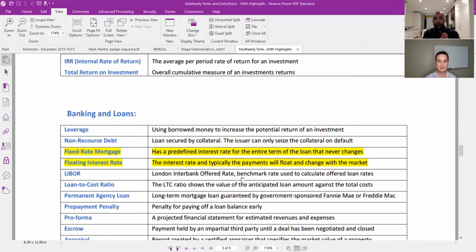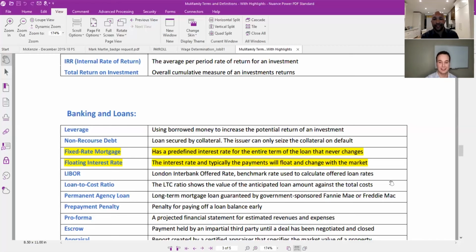But if you're going to be in a property for 10, 15, 20 years, you probably want to go with a fixed interest rate, because now you know whether in good times or bad times what your interest rate is going to be. Yeah, I totally agree. If you're going to be in it for a while, I don't like surprises coming up later on. I'd rather stick with the fixed for a longer time frame investment.